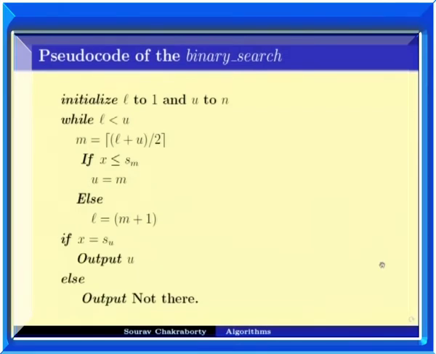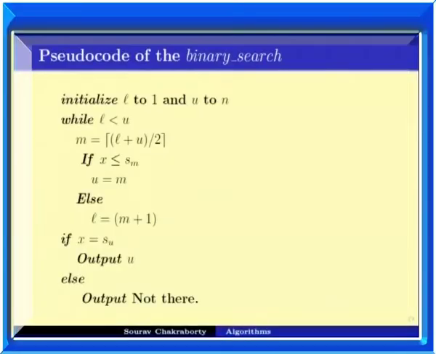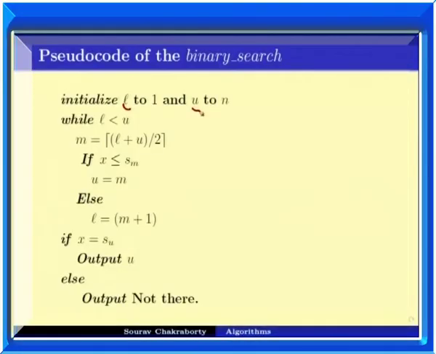This is just the pseudocode of the algorithm I tried to explain with the example. So, here are two very important things. We initialize two parameters. One is this L, the other is U. L in some sense stands for the square bracket that I was drawing, which was the lower end, that is why the L, and U for the open bracket, which was the upper end.